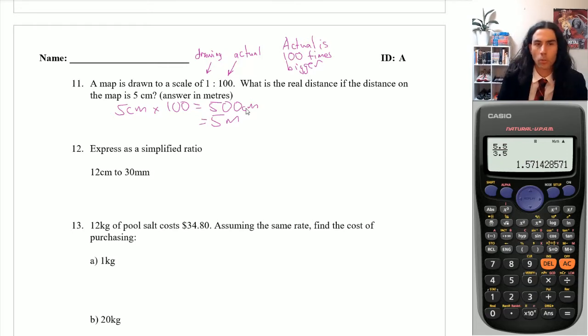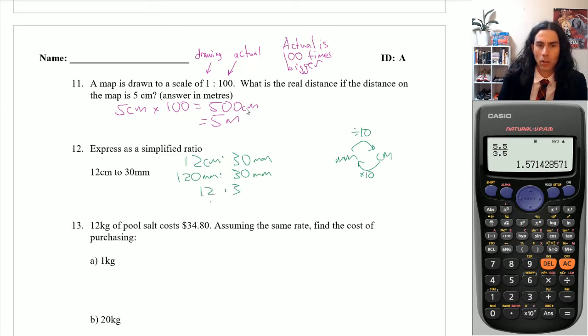Simplified ratio, 12 centimeters to 30 millimeters. The units aren't the same. So 12 centimeters is 120 millimeters. How do you know that? Centimeters to millimeters, times by 10. So 120 to 30, I can just divide by 10, 12 to 3, divide by 3, 4 to 1.